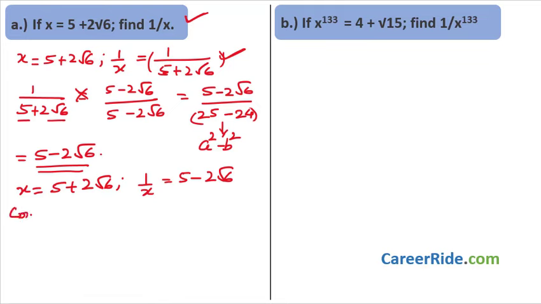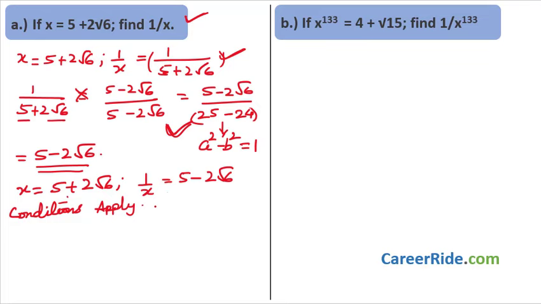Conditions apply. And what are those conditions? The condition is that you do not want anything in the denominator. Come back to this step. We saw that a square minus b square gave us the value 1. 25 minus 24 was 1. That is why we never had anything in the denominator.